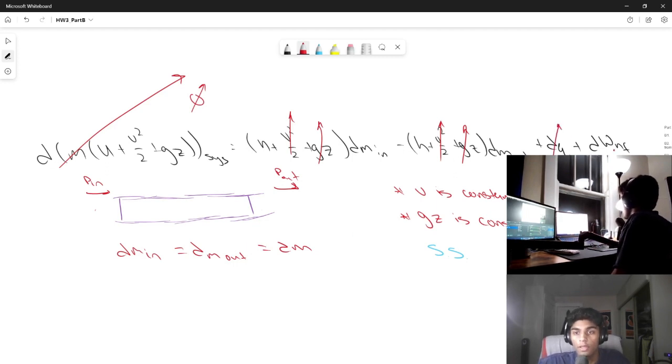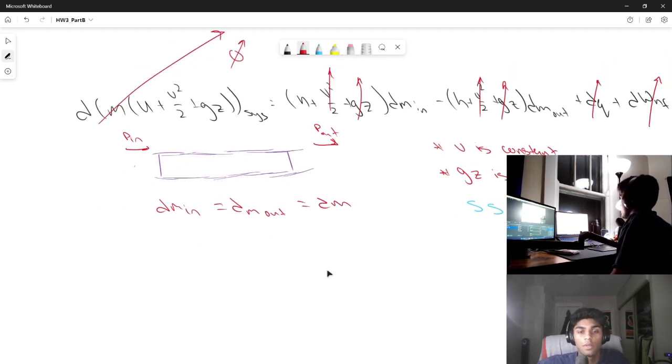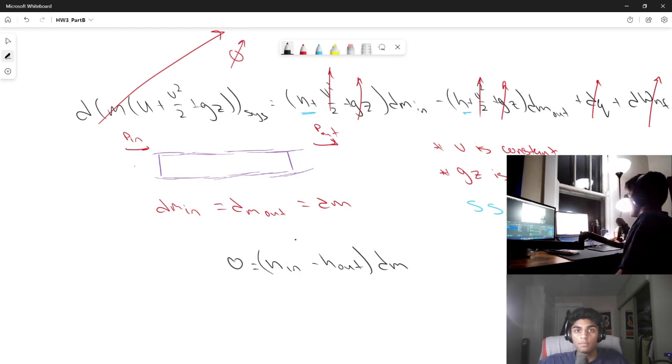We are not adding any heat, and there is no non-flow work, there's no stirrer, there's no heater. So in the end, what we are left with is 0 is equal to the difference H in minus H out times the differential amount of mass in the system.